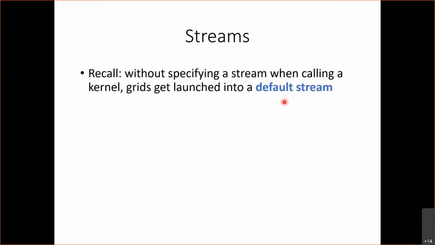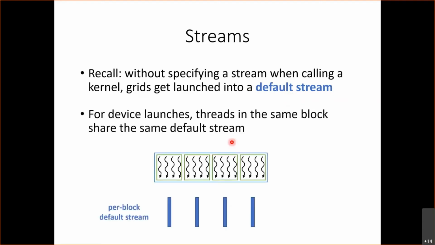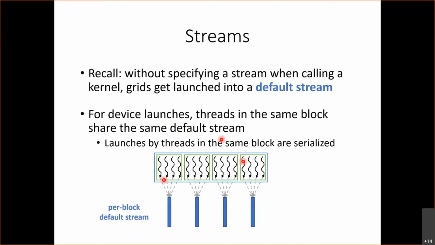On the CPU, all the CPU threads share the same default stream. On the GPU, we actually have a default stream for every thread block. So for device launches, threads in the same block all share the same default stream. So when every thread launches a grid, the threads that are in the same block all launch their grids into the same stream.